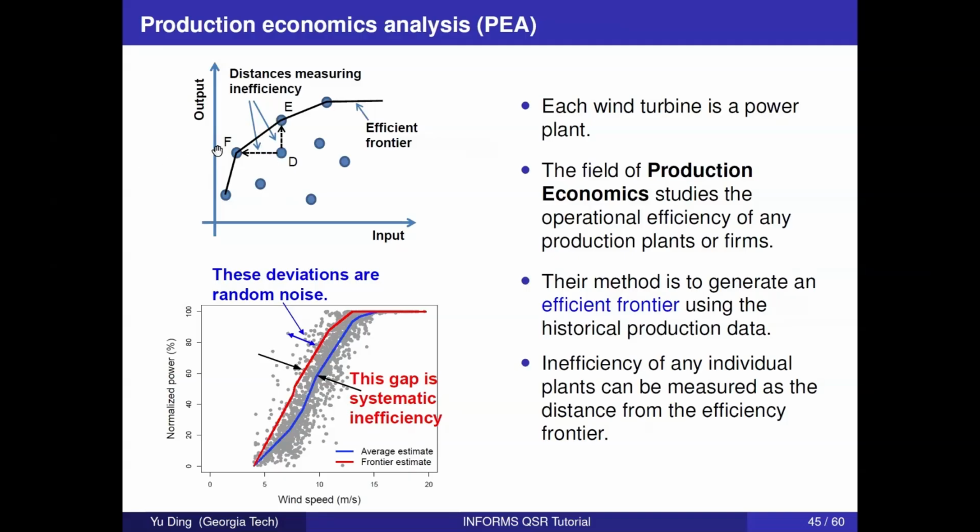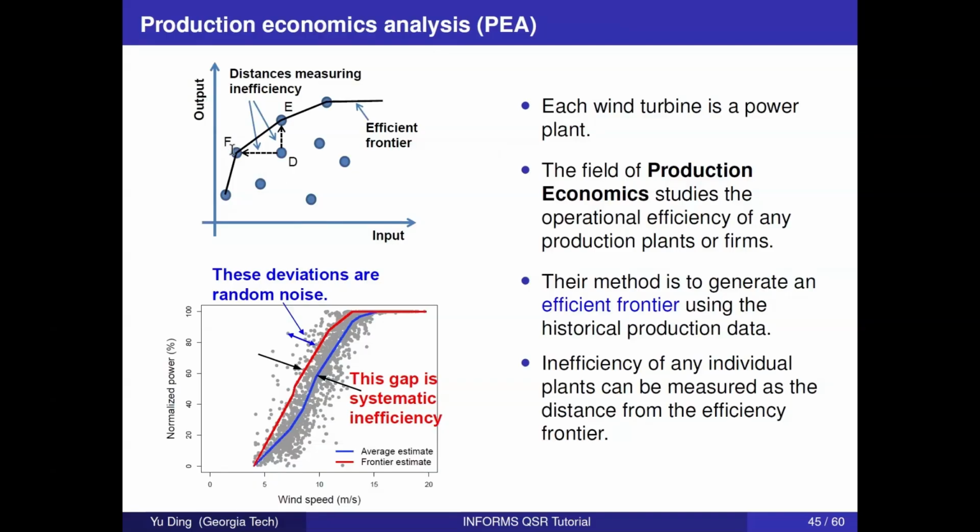If you look at the same output, company F produces the same, but they use less input. So anything on this efficient frontier is more efficient than the data points inside that frontier. That's why the line is called the efficient frontier.